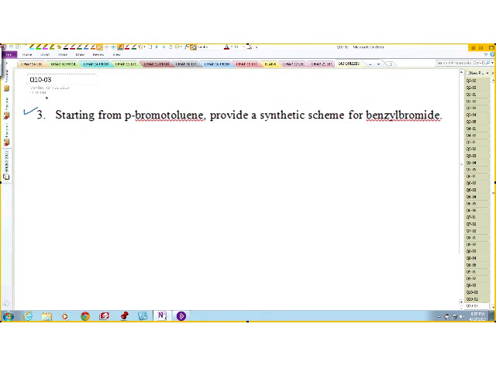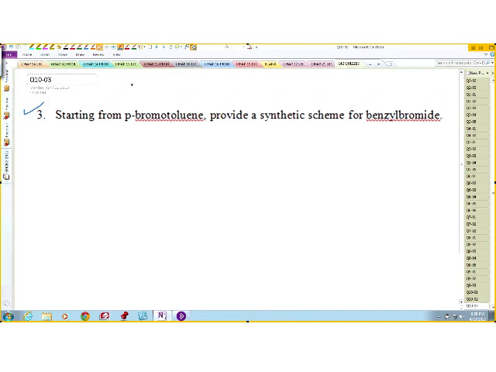Okay, our follow on, can you go ahead and read this first? Start from p-bromotoluene, provide a synthetic scheme for... Okay, thank you. Okay, so starting from p-bromotoluene, you are asked to provide the synthetic scheme for benzyl bromide.